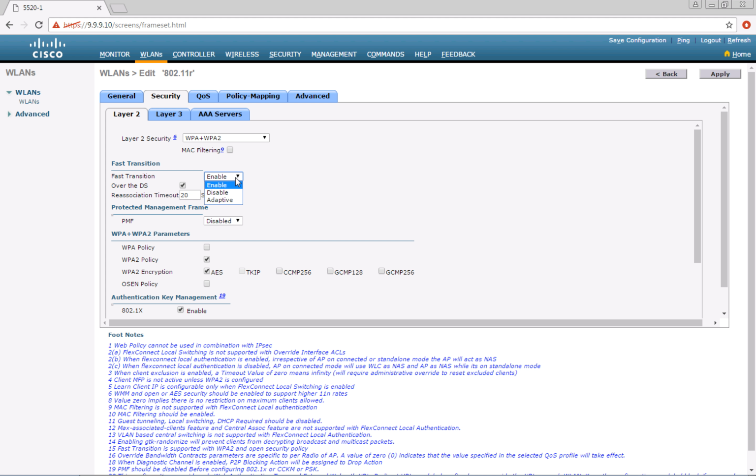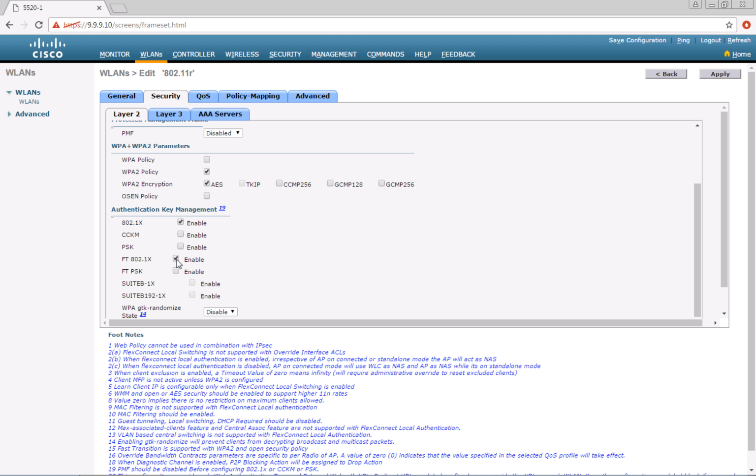Adaptive, here you go. Adaptive mode. Again, don't really need FT, because remember in adaptive mode we had only PSK listed out in my RSN IE, right? So I had WPA2 and AES encryption, and I'm talking about only 802.1x or only PSK, right?